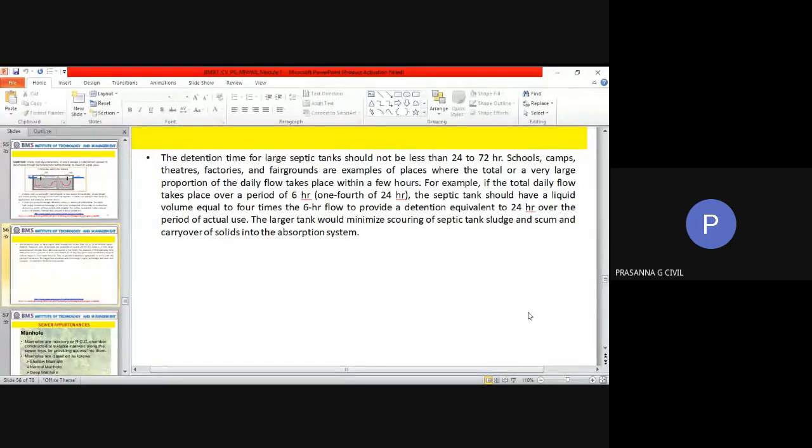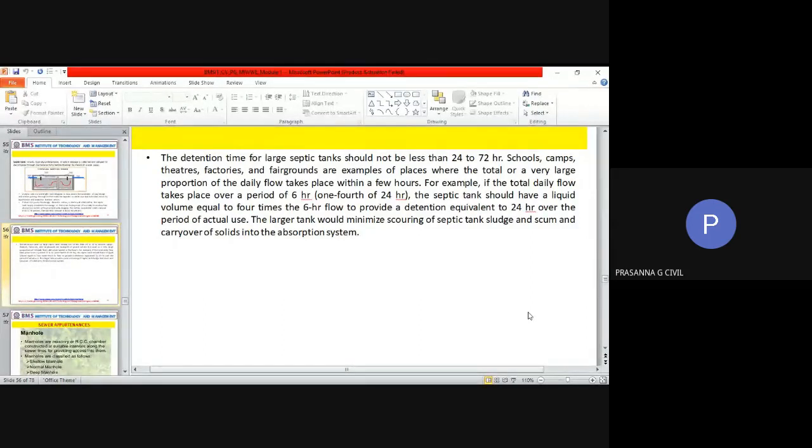Because most of the solids, you saw 70% is removed, so hardly 30% solids will be there, and because of that, this filter media will be able to retain most of the other solids within that, and the effluent, once it passes through the soak pit, is generally allowed to seep through the surrounding soil by the time most of the solids are supposed to be removed from the wastewater.